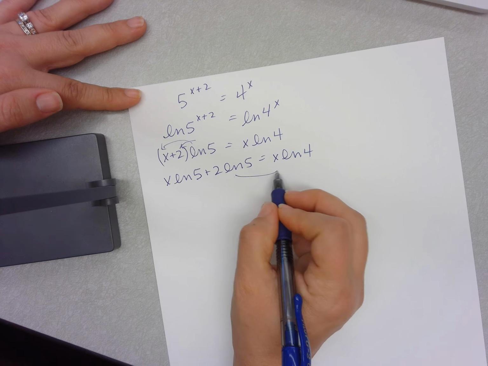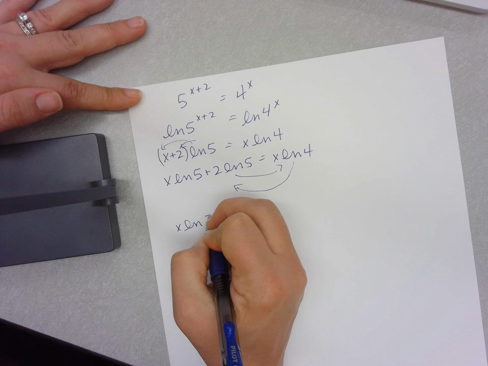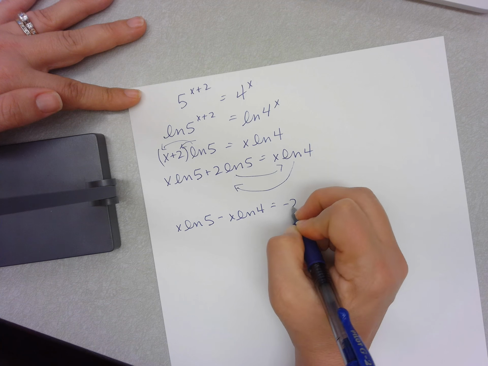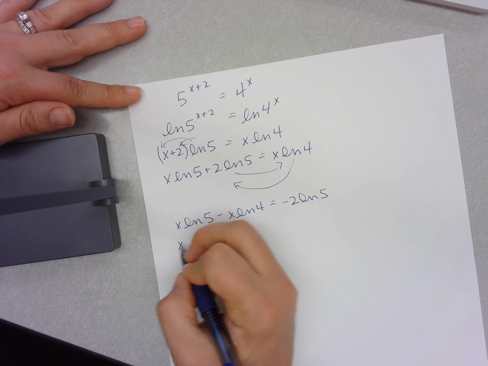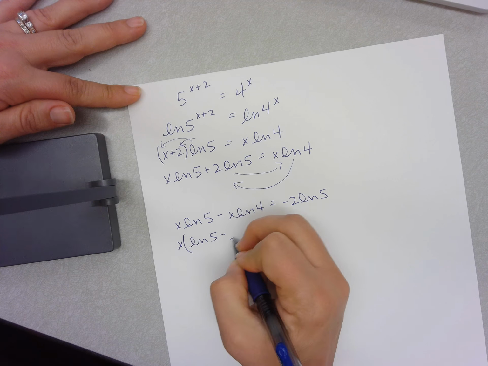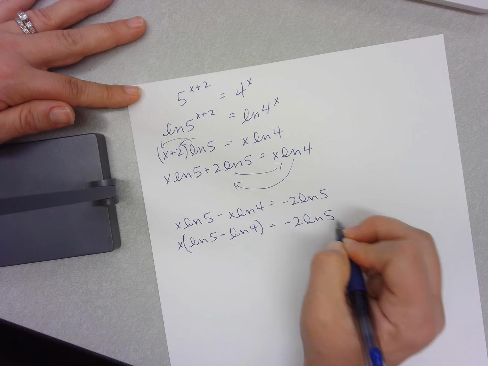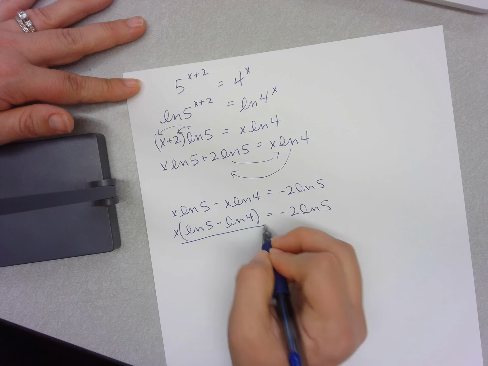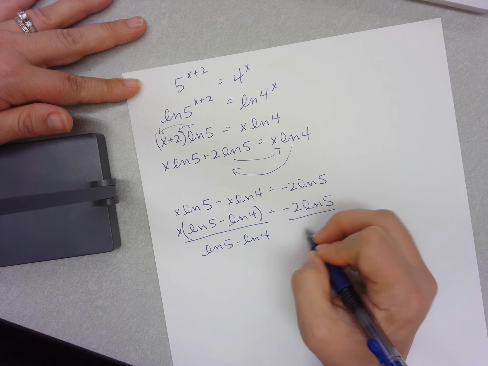So this one's going to go over here, this one's going to come to this side. So I have x ln 5 minus x ln 4 equals negative 2 ln 5. I can factor out my x here. Write ln 5 minus ln 4 equals negative 2 ln 5. Alright, I'm just going to divide by this whole thing here, ln 5 minus ln 4.